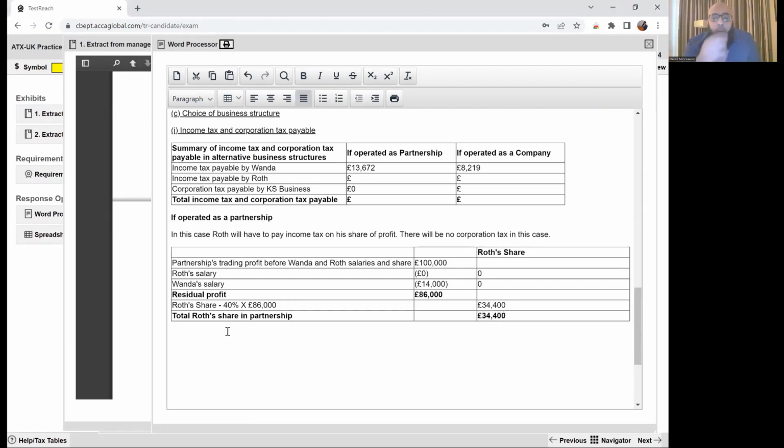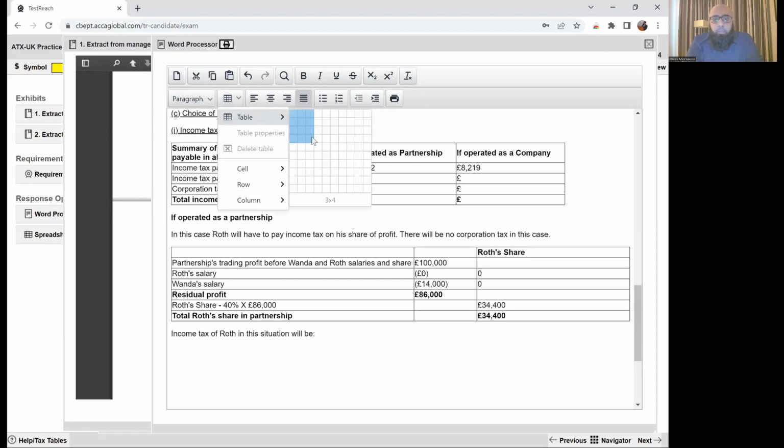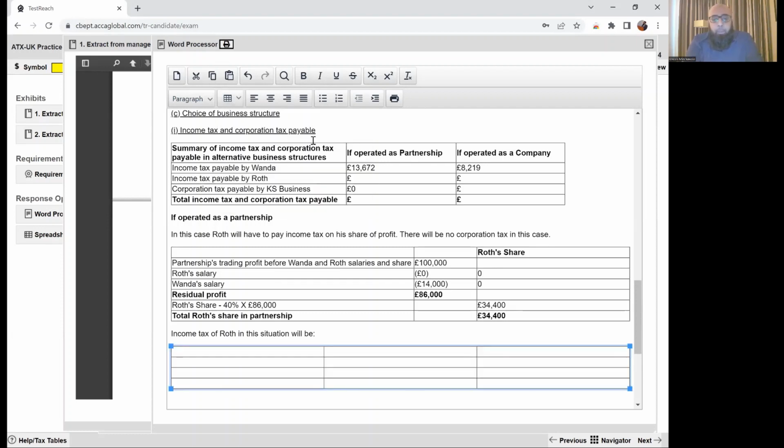Now, once we have got the totals, ROT share in partnership, let's move towards the income tax of ROT. Non-saving income.